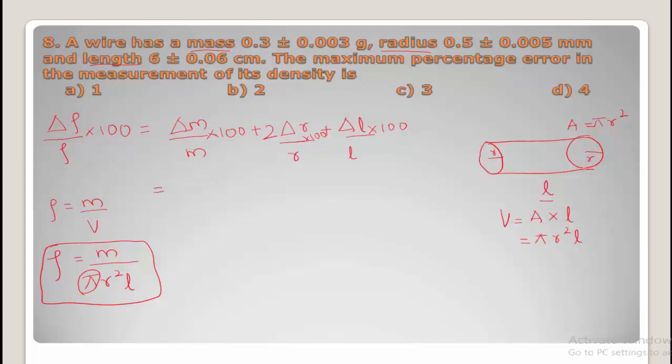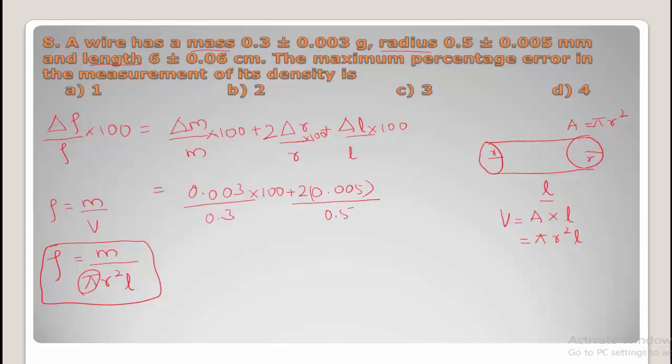So substitute the values here. Delta m by m into 100 is nothing but 0.003 divided by m means 0.3 into 100 plus 2. Delta r value is 0.005 divided by r value is 0.5.